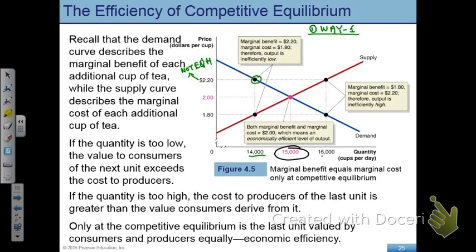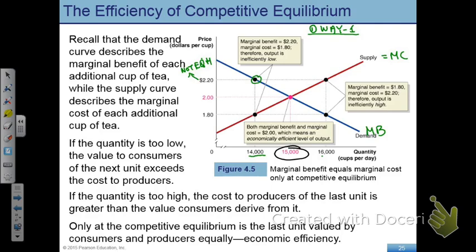What I see is that there are two things happening at the 14,000 level of output. First of all, I have learned from the previous chapter that my demand curve is nothing but my marginal benefit curve, and my supply curve is nothing but my marginal cost curve.